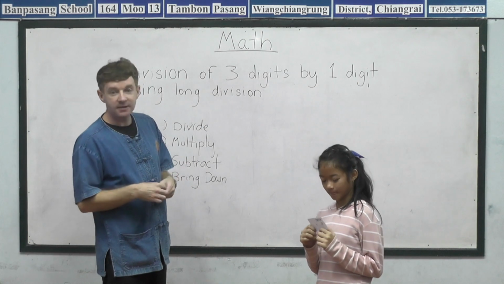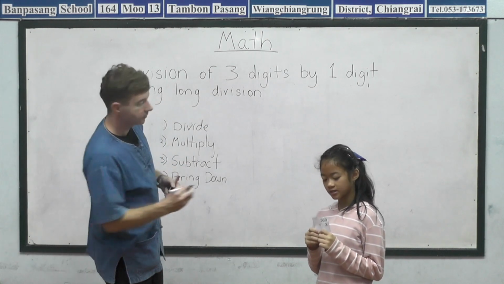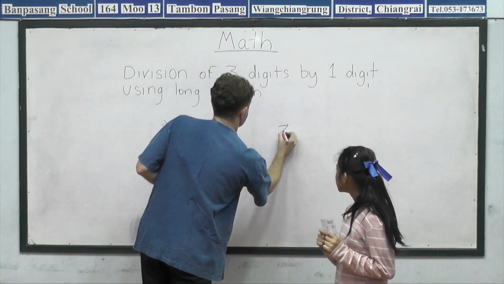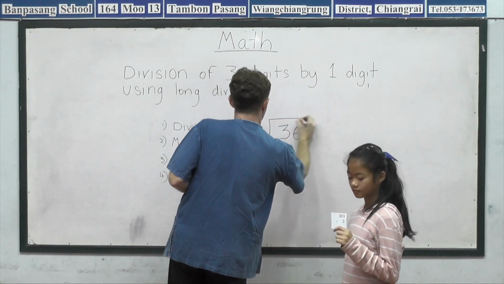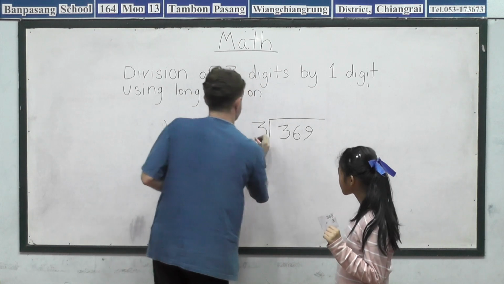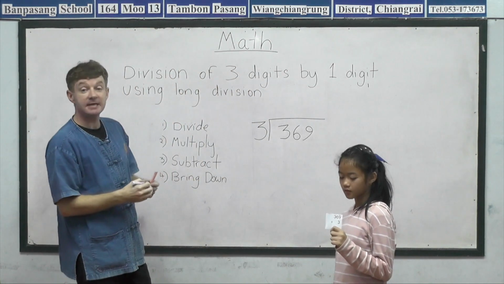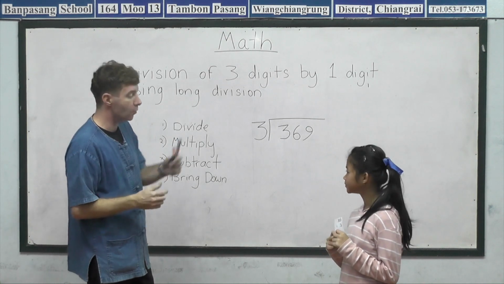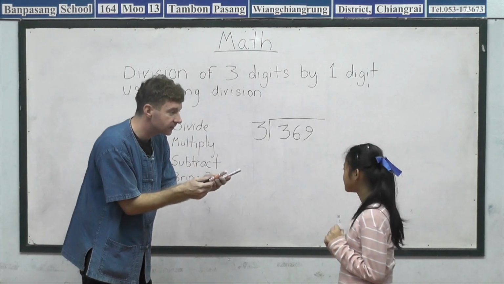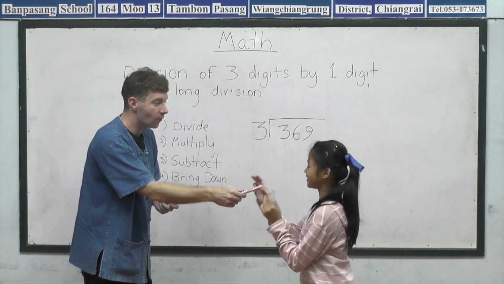What's our problem, guys? 369 divided by 3. Okay, Dawn, what color would you like? Black. Thank you. Over to you.